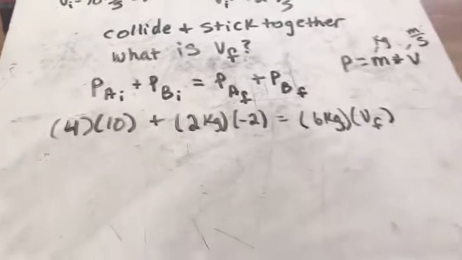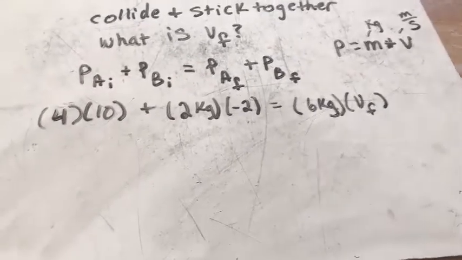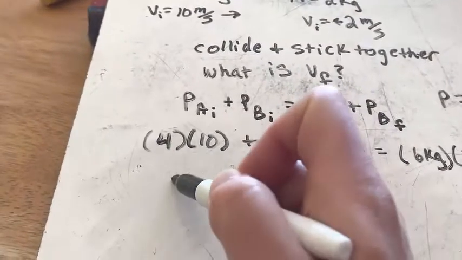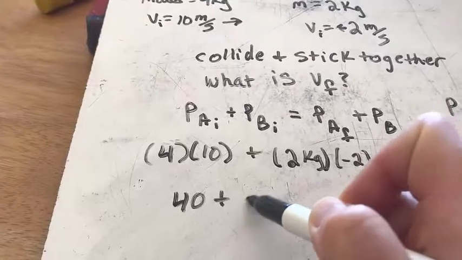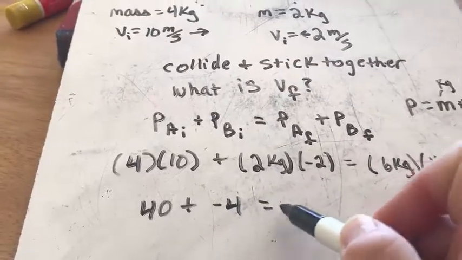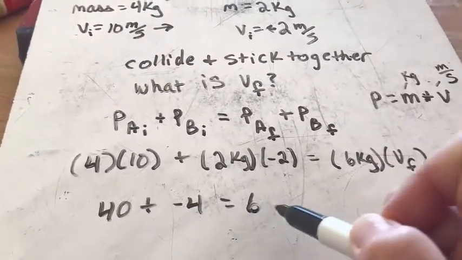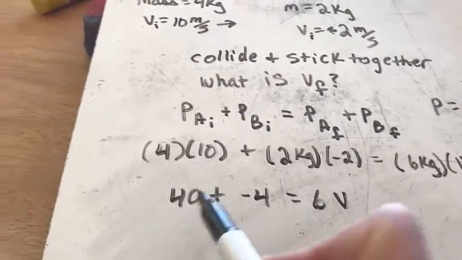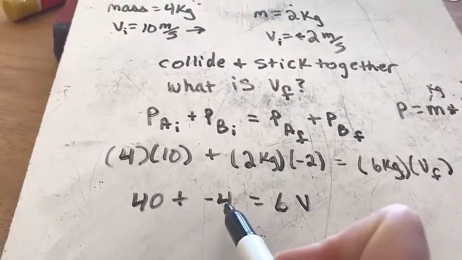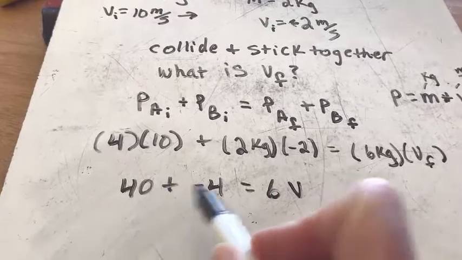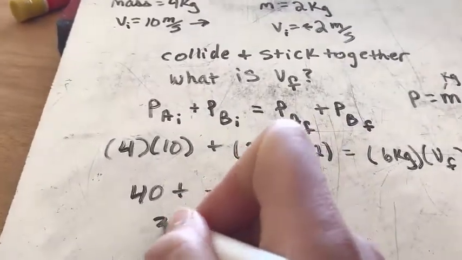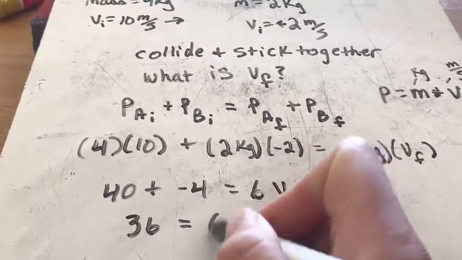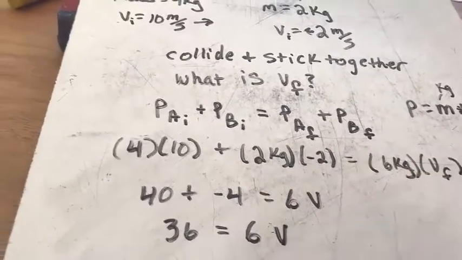Once we have it set up, it becomes pretty easy to solve, so let's work it out here. 4 times 10 is 40, plus 2 times -2 is -4, is going to be equal to 6 times v. 40 plus -4, so that's like 40 minus 4, so we have 36 is going to be equal to 6 times v.